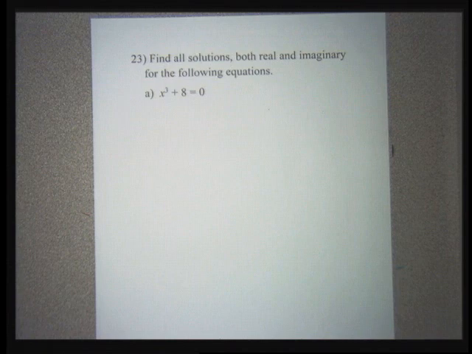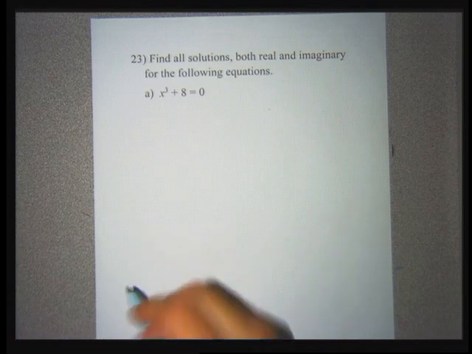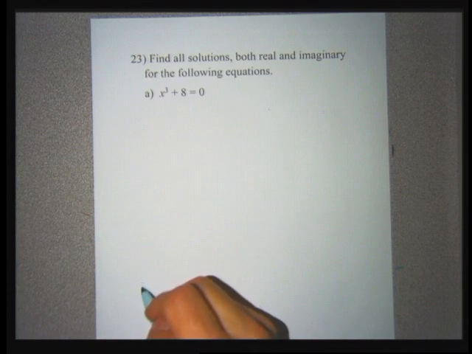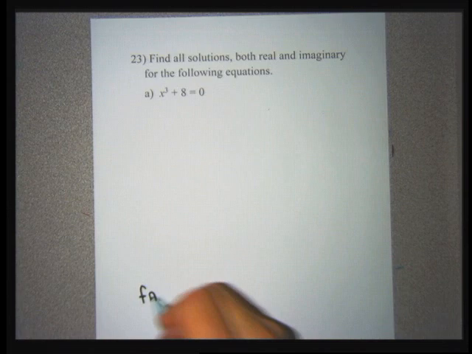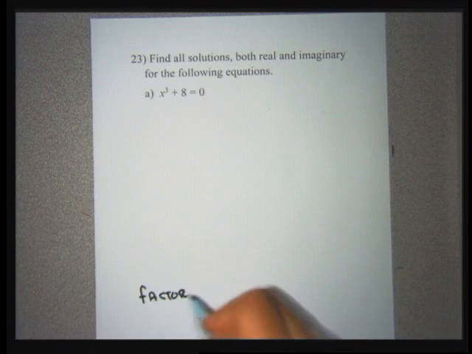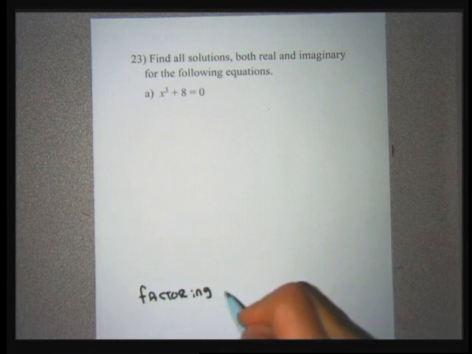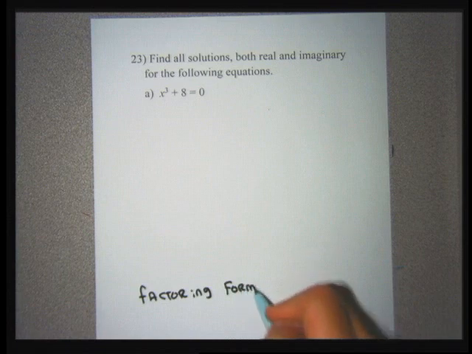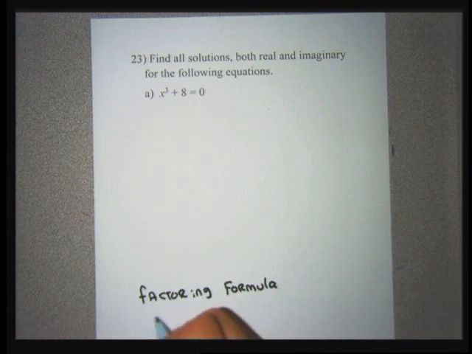And this is a tough problem. Might be one that I punted on if I didn't really want to sweat over this. So for the factoring, there's a formula for factoring sums of cubes that you kind of need to remember.